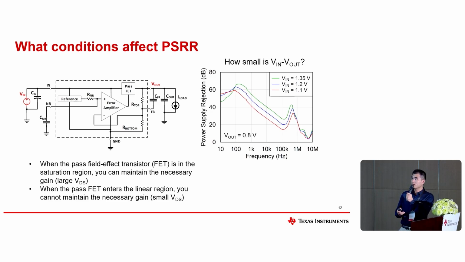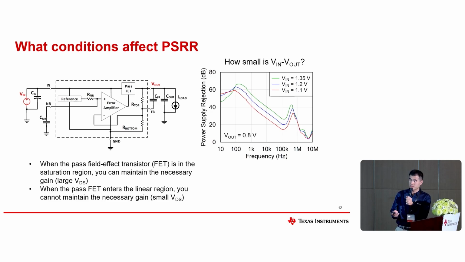So what else affects the PSRR? If we want the LDO to regulate the output voltage at the level we want, the internal pass FET needs to work in the saturation region.